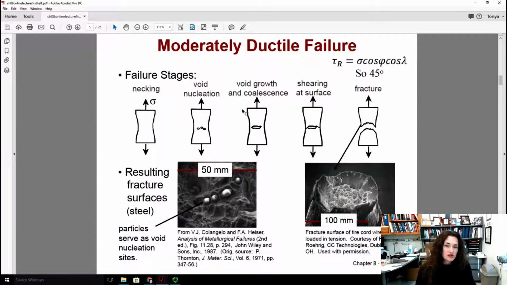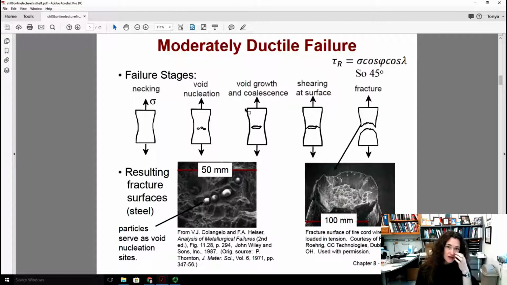Then those voids grow and they start to coalesce inside the part. Then you get some shearing at the surface as those voids grow and coalesce until finally fracture occurs. Now it's worth noting that fracture lines often occur at these 45-degree angles, and that's because of that critically resolved shear stress that we talked about in an earlier lecture in an earlier chapter.